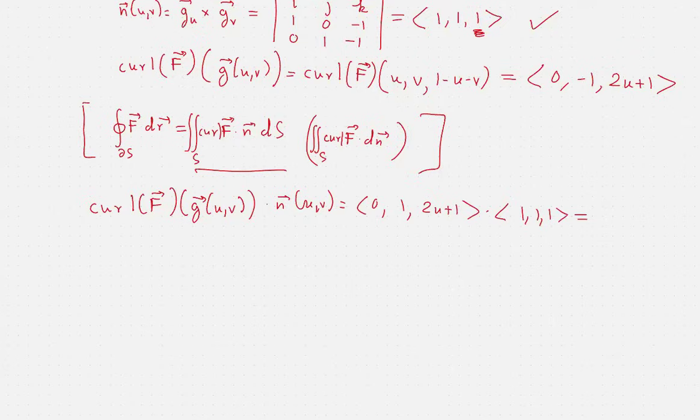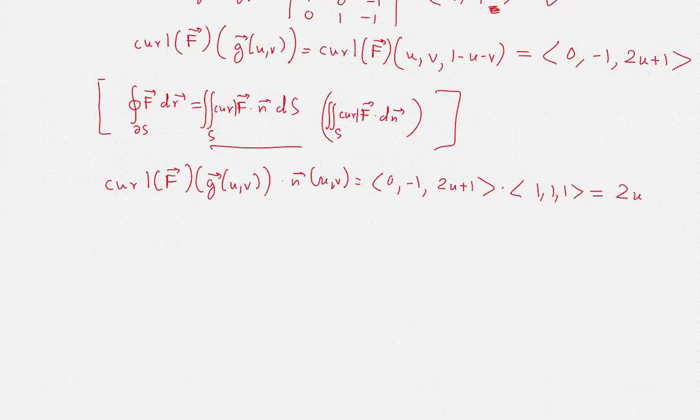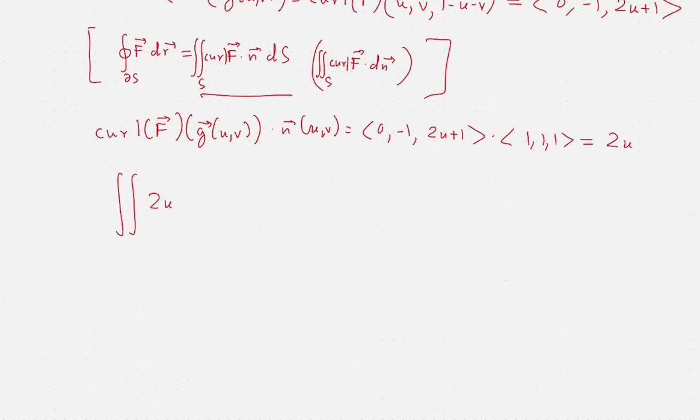Finally, we need to integrate this with respect to v first, from 0 to 1 minus u, and then with respect to u from 0 to 1. That should be a pretty straightforward computation.